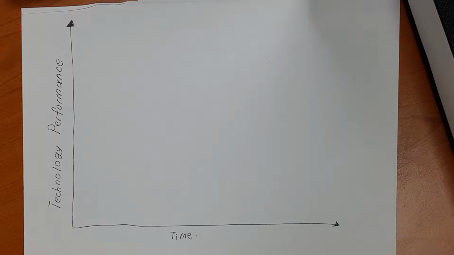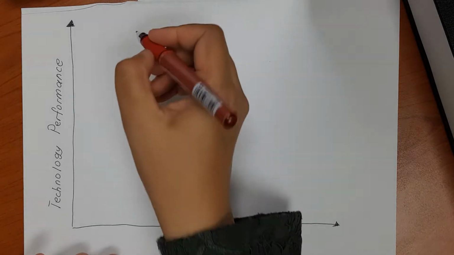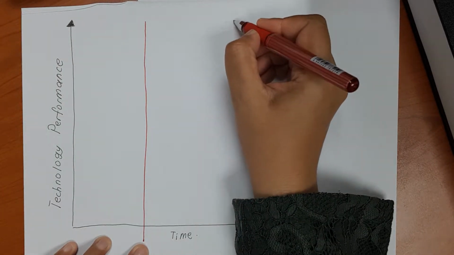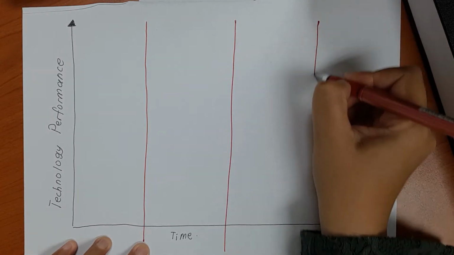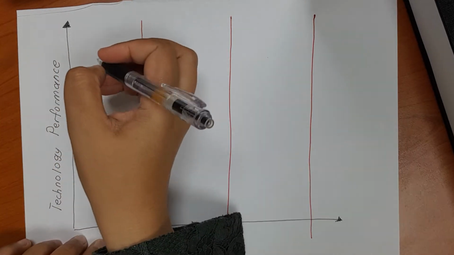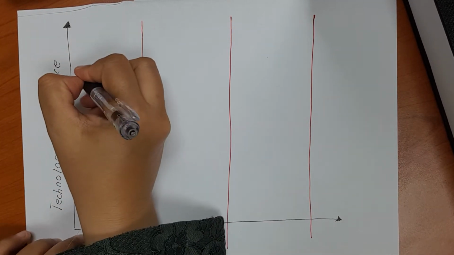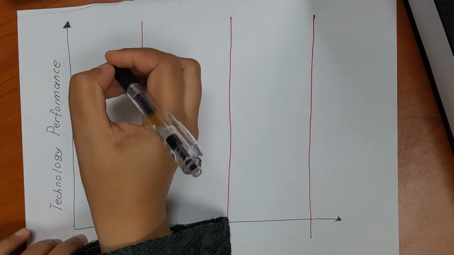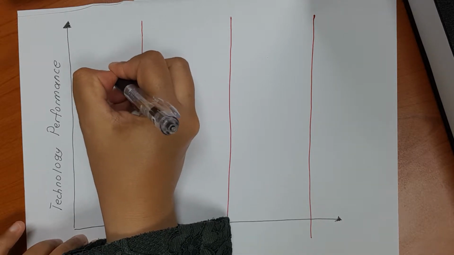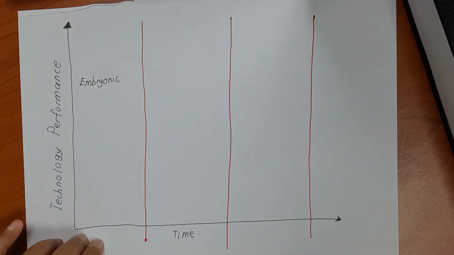Here there are 3 stages. The first stage we call embryonic. The second stage is growth.